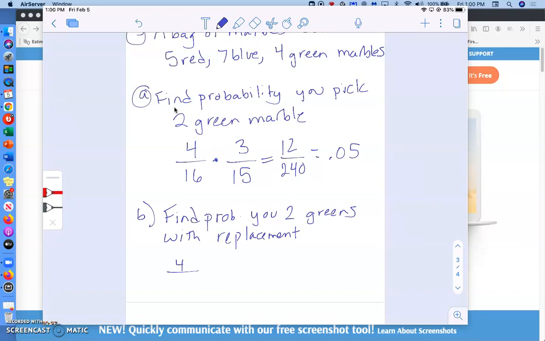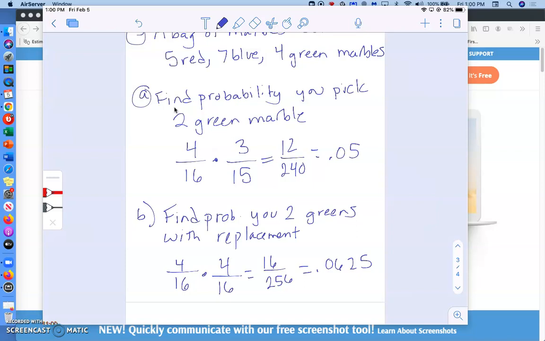So it still starts with 4 out of 16, but if you put it back in, you still have 16 marbles, and there would still be 4 greens. So 4 times 4 is 16. 16 times 16 is 256. And 16 divided by 256 is 0.0625.